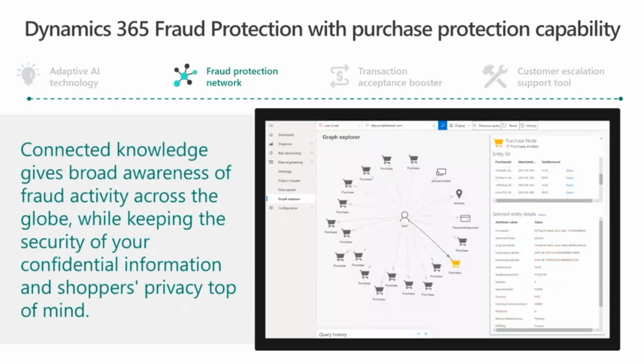Second technology pillar here is the fraud protection network. All this AI technology runs on top of this fraud protection network, and this is one of the more innovative components of the product. We have built a consortium approach, and it brings up this concept of what we call herd immunity. You may have heard of this term in the news recently.